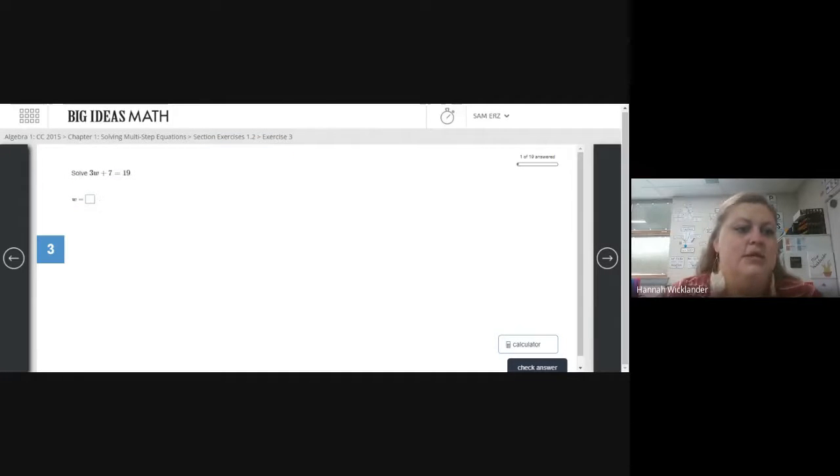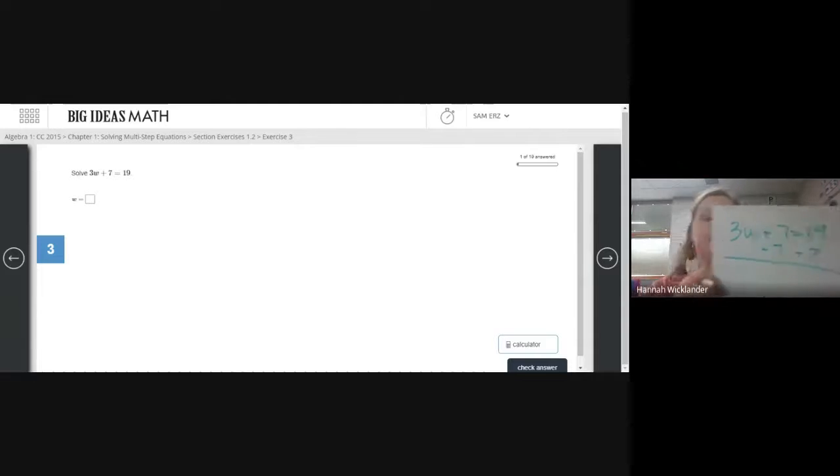All right. Solve 3w plus 7 equals 19. So I'm going to do this one with you guys, and then the next one you guys can solve, and then I'll let you know if it's right or not. So 3w plus 7 equals 19. I'm going to subtract 7 from both sides.